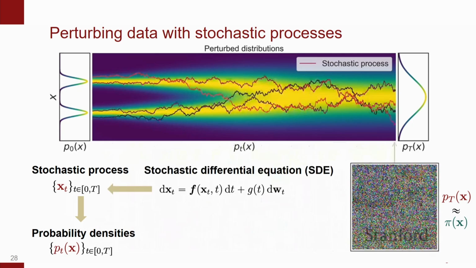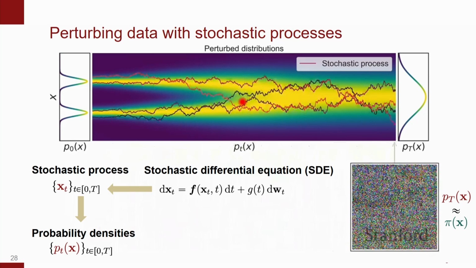And we can describe the evolution of this, or how these random variables change over time. If you think of this axis as a time dimension, then all these random variables are related to each other, and we can describe their relationship using something called a stochastic differential equation.